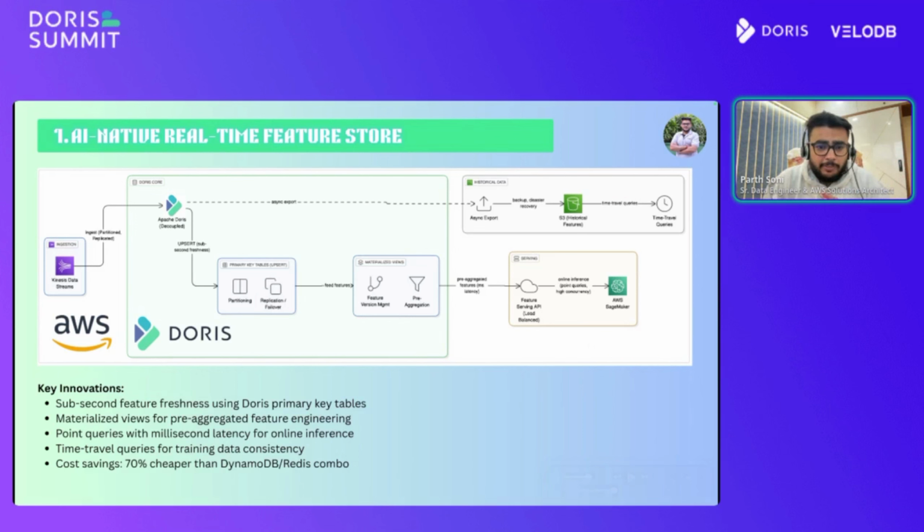For example: sub-second feature freshness using Doris primary key tables, materialized views for pre-aggregated feature engineering, point queries with millisecond latencies for online inference, and time travel queries for training data consistency. The catch is that I'm not only using Doris in a traditional way, but also putting data and AI alongside it, and the AWS services, to get the best out of it.